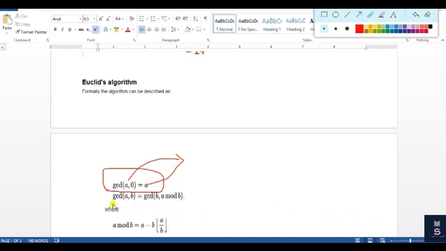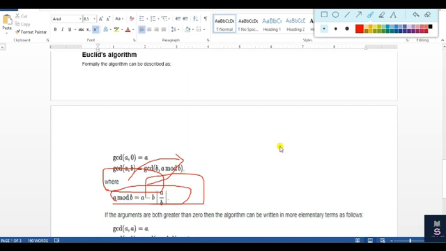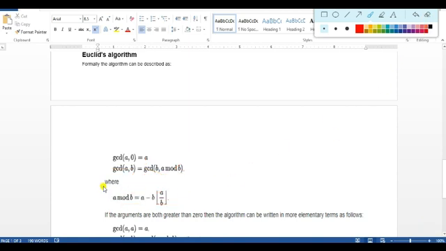And GCD of a, b, where a is one number and b is another number, is calculated using GCD of b, a mod b, where a mod b means a minus b times the floor of a by b.